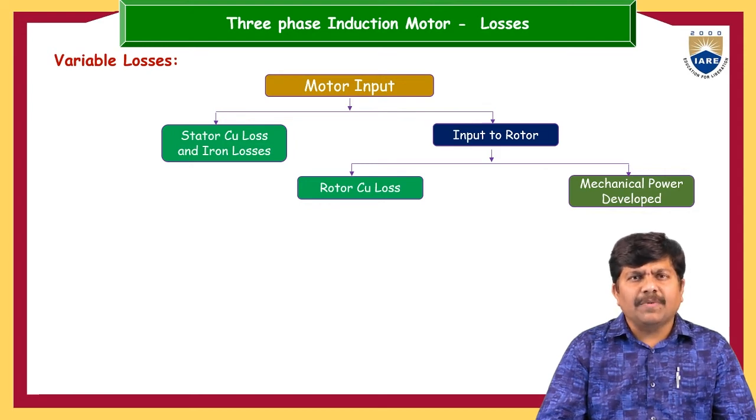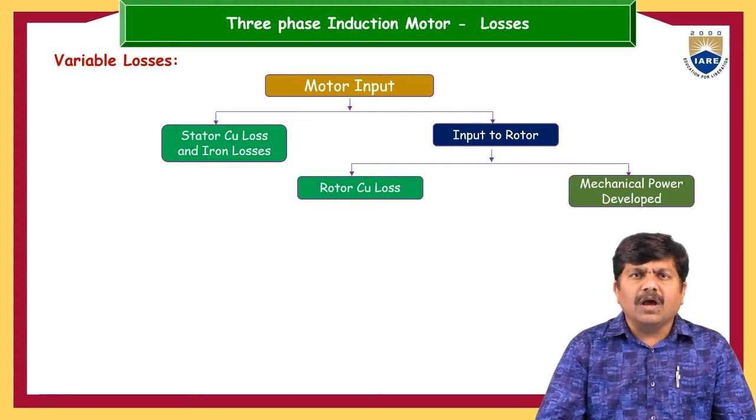That is nothing but the slip times the supply frequency. So for a 50 Hz electrical machine, the rotor induced EMF or currents are just about 1.5 Hz. So as compared to 50 Hz, 1.5 Hz is very small. In view of this, rotor core losses can be ignored as compared to the stator core losses.